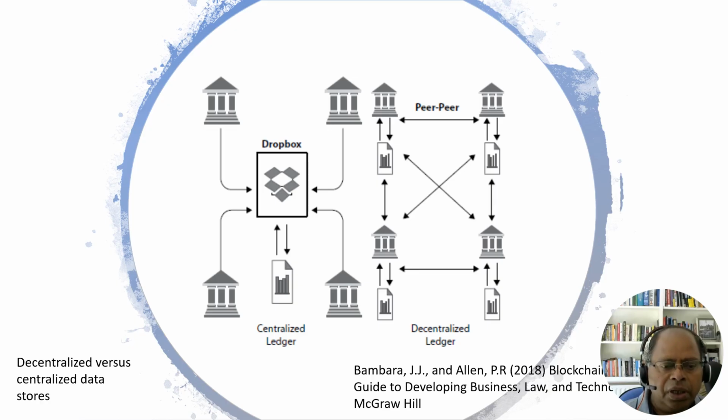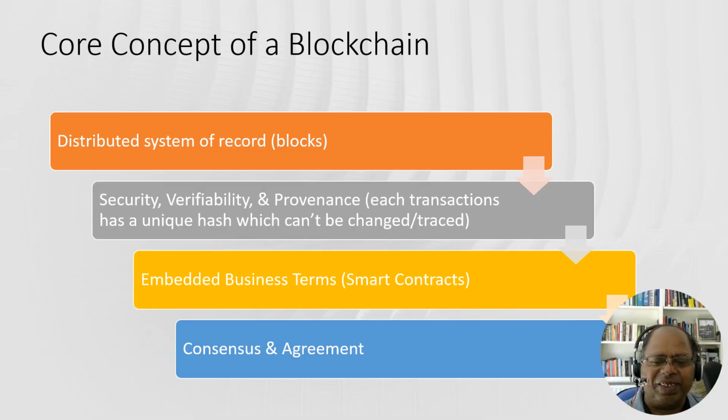You can see Dropbox, which is more centralized, and even some of the cloud platforms, because they control everything centrally. Whereas a decentralized ledger is completely decentralized, as you can see in the diagram. There is no central controller. That's the basic idea.